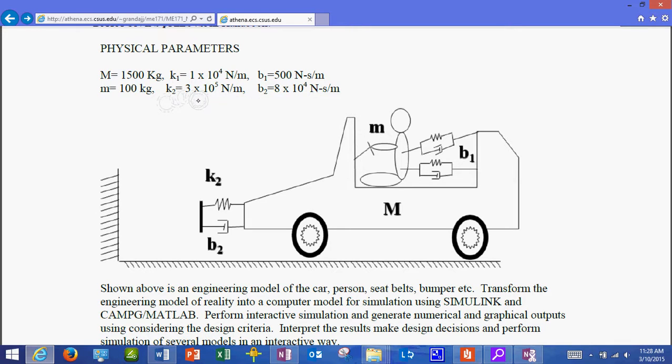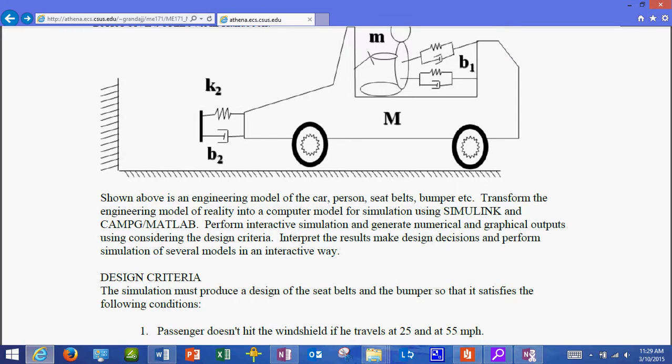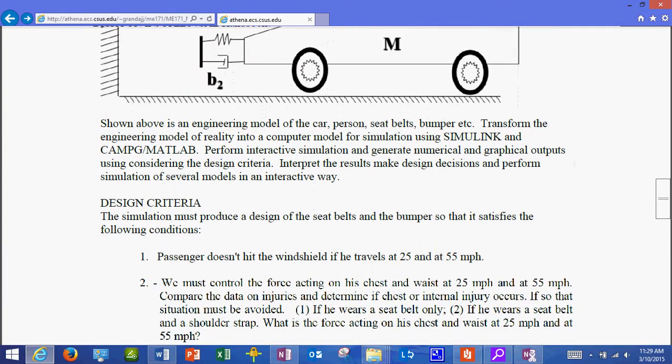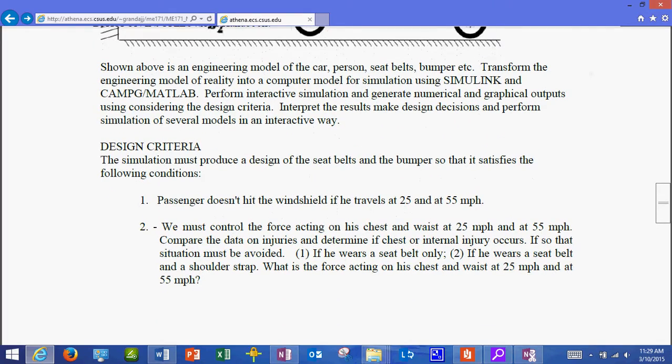And then we have the specification for K sub 2 and B sub 2, which are for the bumpers. So in this case, this is the engineering model of this.